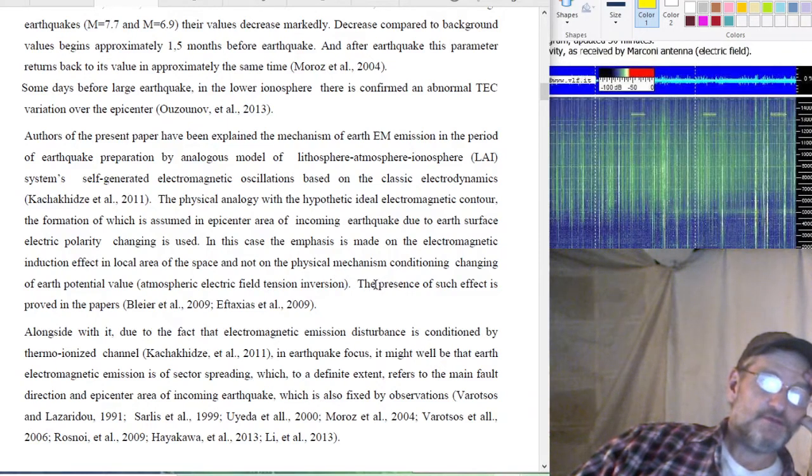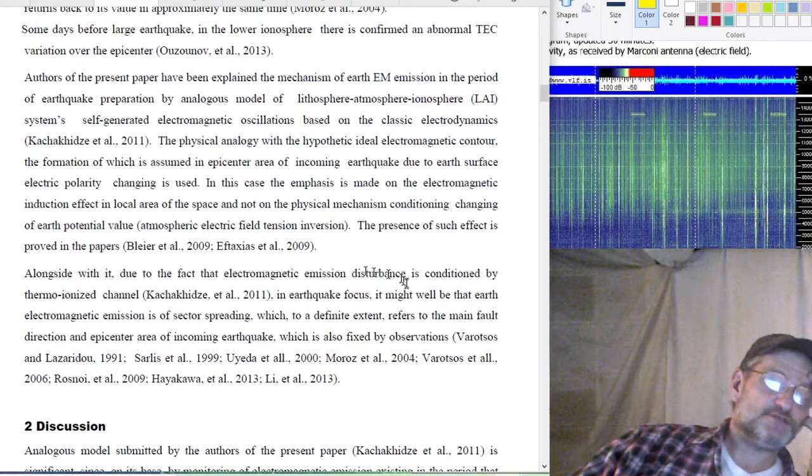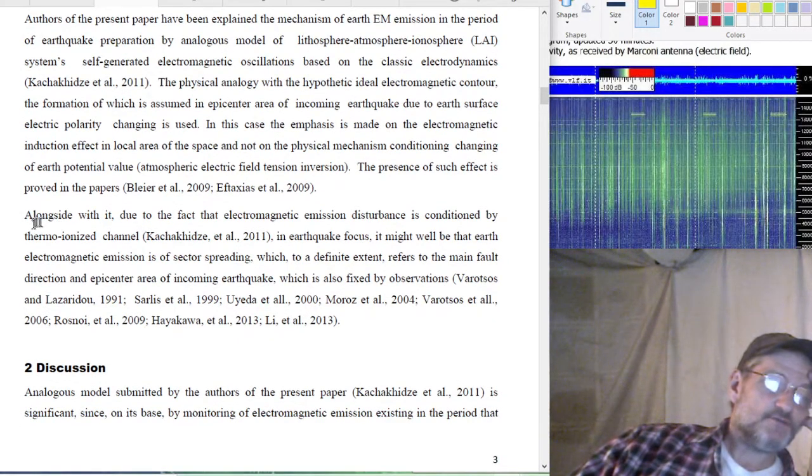End parenthesis. The presence of such effect is proved in the papers, in 2009 by Blyer and F. Taxis et al.